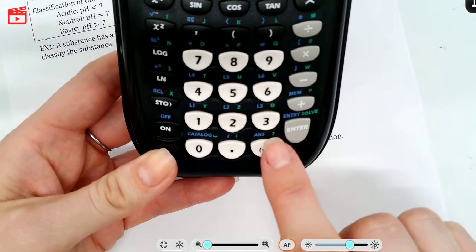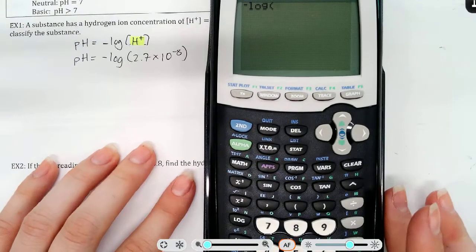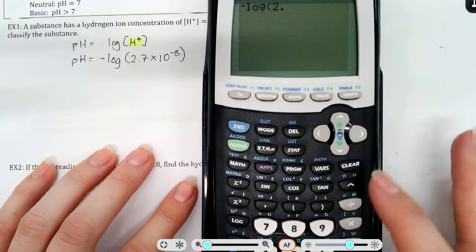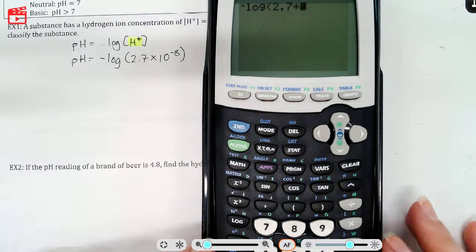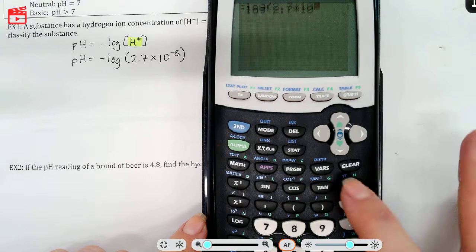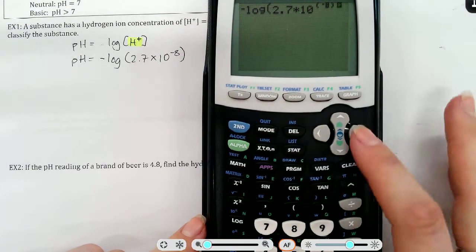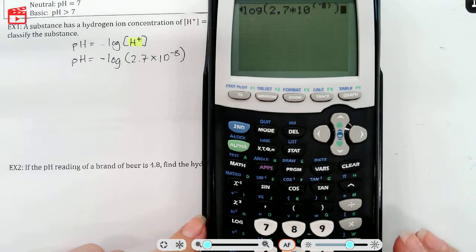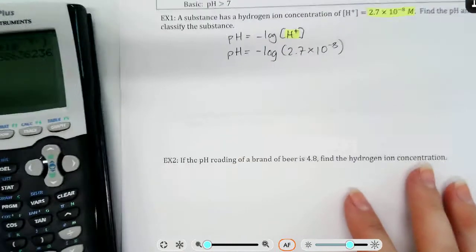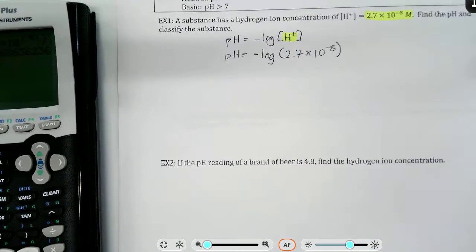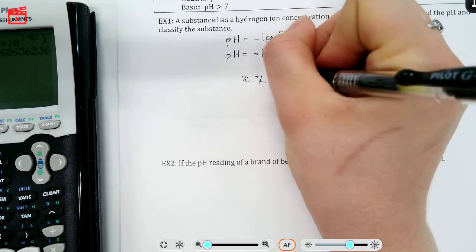So negative log, open parenthesis, 2.7, multiplication symbol, not an x, 10 to the negative 8 power, and then close parenthesis. What do we get? 7.56. It doesn't tell me where to round, so I'm going to round to 2 decimal places. That's just my default.